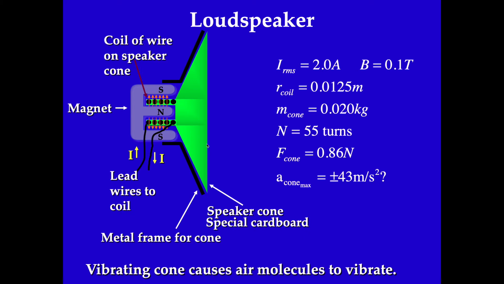You have loops of wire, but they're in a non-uniform field, and you can calculate the force and everything on that cone. I'll give you an idea how this works.